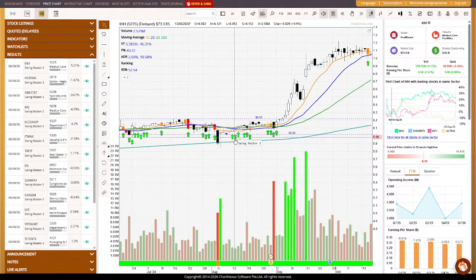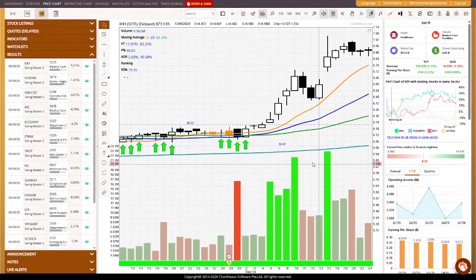Can you see all these green arrows? These are all your Swing Master signals. And you see this Swing Master signal here, very special. After it came out, it traded higher on this day. I zoom in, you see it traded higher, and then higher some more, and then on this day it actually broke up.